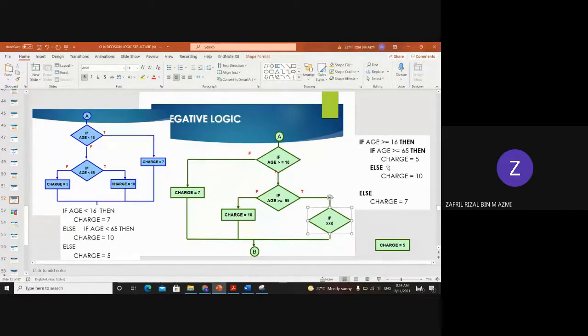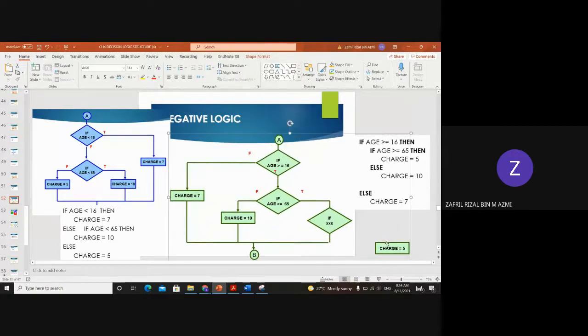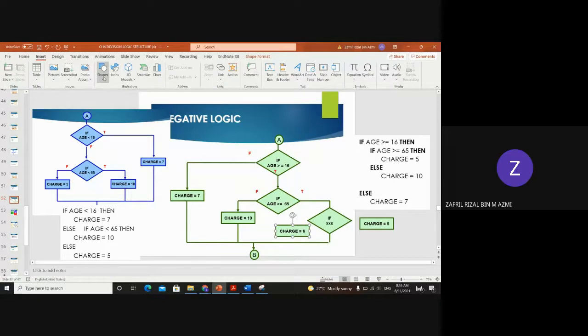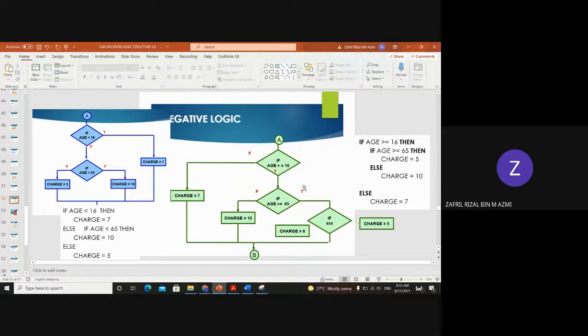So what will this look like? For example, this one, if true, charge 5. If false, charge 6. This is true.